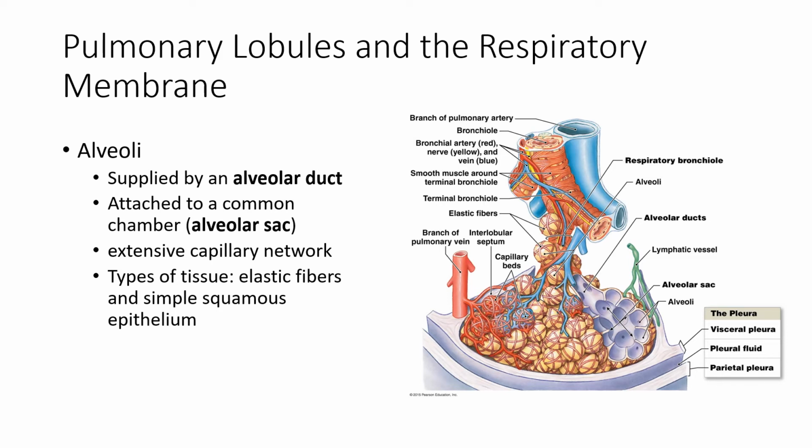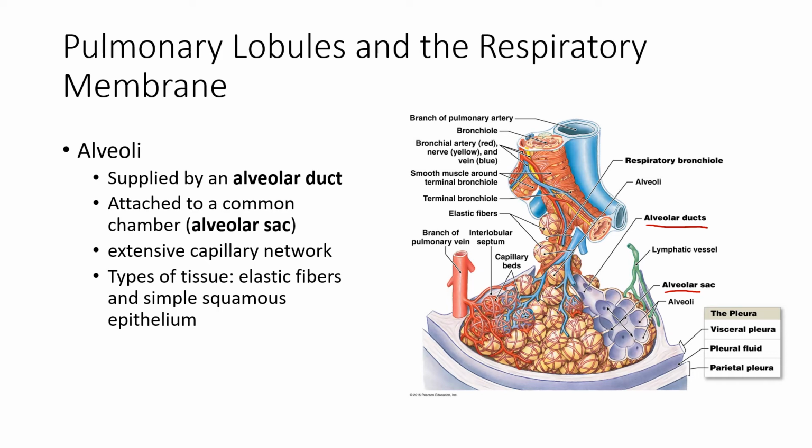So let's talk about pulmonary lobules and the respiratory membrane. So we do have our alveoli, which are going to be supplied by an alveolar duct. And if you look over here at this graphic, we have our alveolar duct right there. They are going to be attached to a common chamber, the alveolar sac. So this whole thing here.